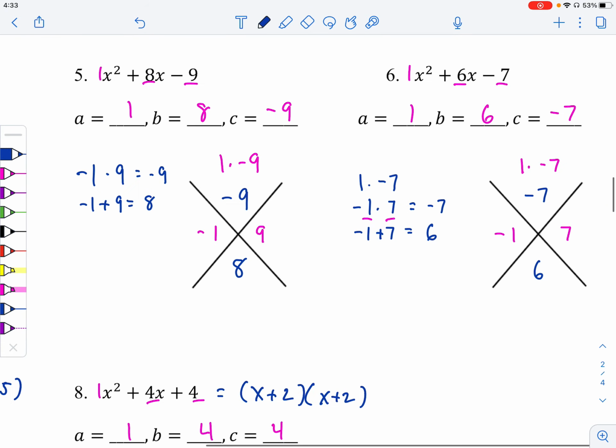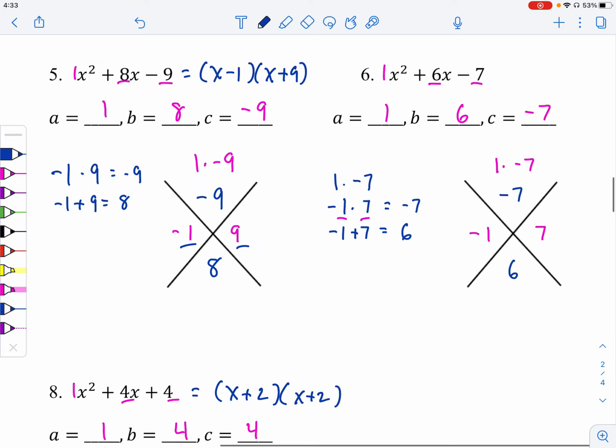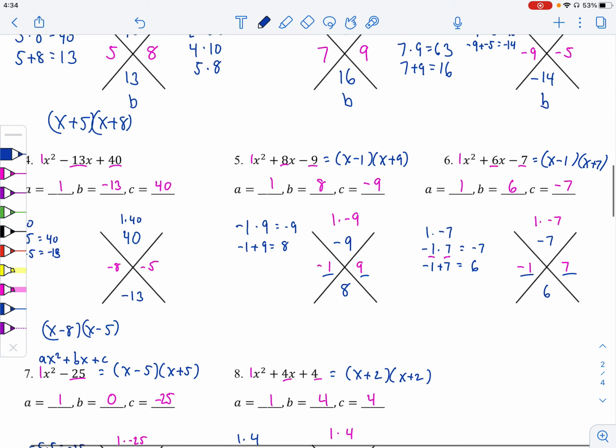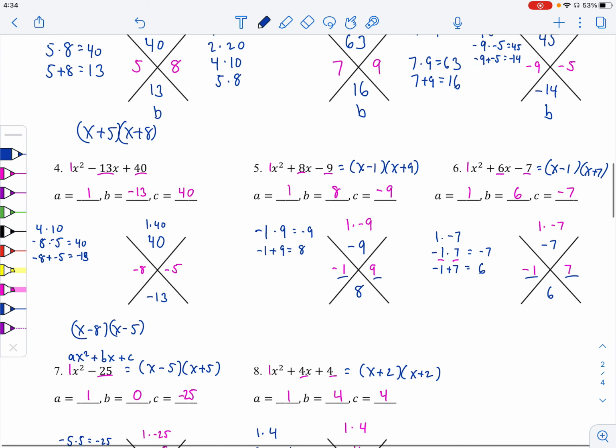And this one is negative 1 and 9, so x minus 1, x plus 9. This one would be negative 1 and 7, so x minus 1, x plus 7. All those we want to get to eventually where we can factor. And that's why we're using the x factor.